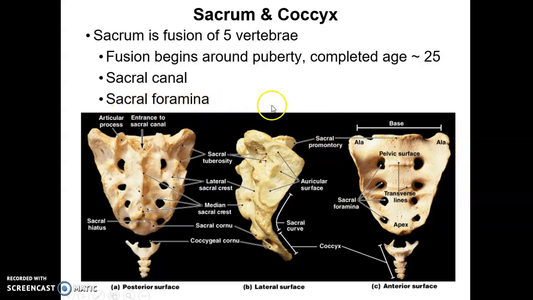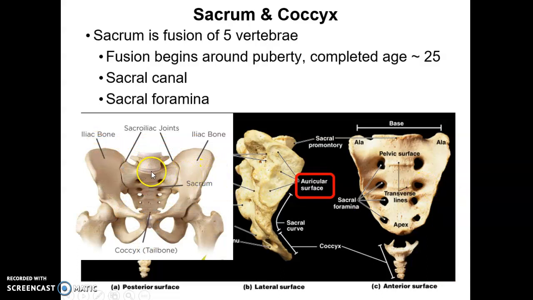There you go, your sacral foramina. There's posterior and anterior ones. And then this auricular surface, which is on the sides here, that surface articulates with your two hip bones, like so.